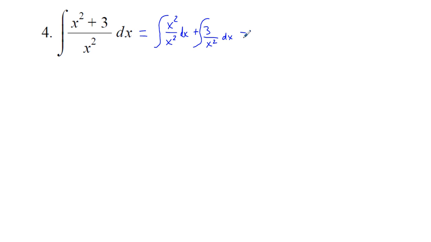And continuing to the right, we have x squared over x squared canceled to equal 1. And so we have the integral of dx. And then this integral of 3 over x squared is going to be the integral of 3x to the negative 2 power dx.